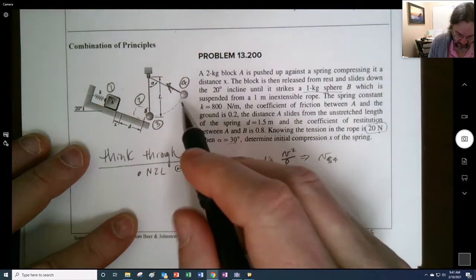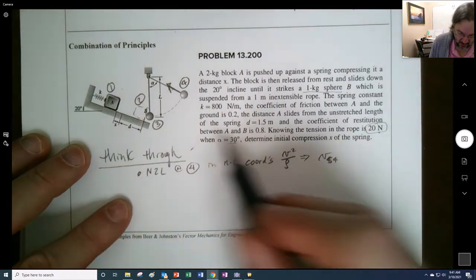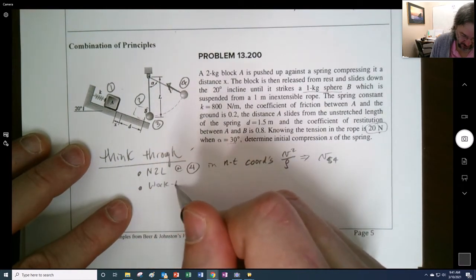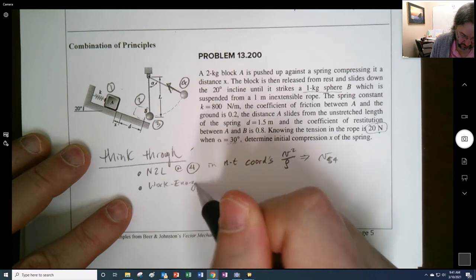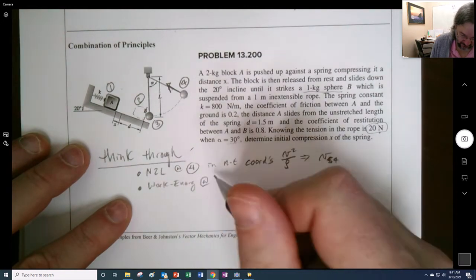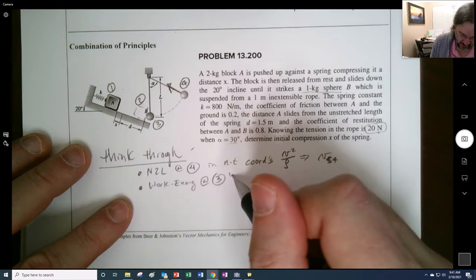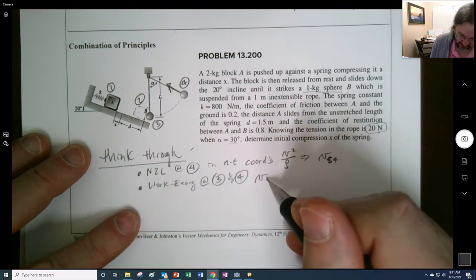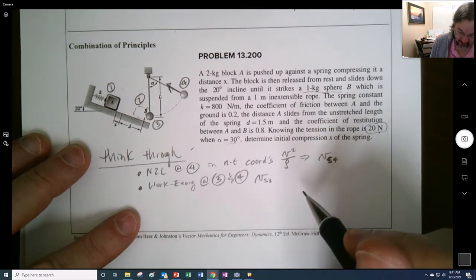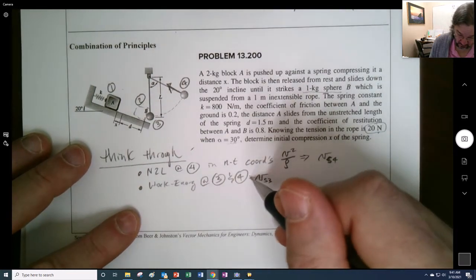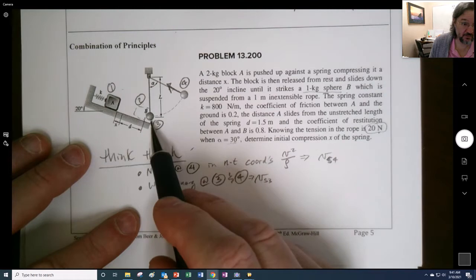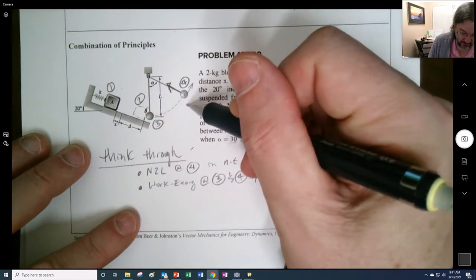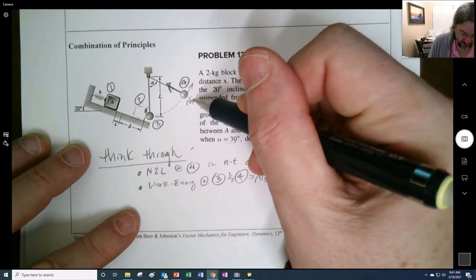at 4 right here. So okay, now we can use work energy at 3 and 4 to get the velocity of the sphere at 3. Right? We can go back to 3. So we found the velocity here, v sphere 4.